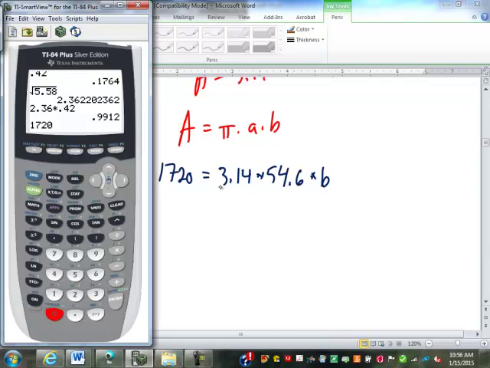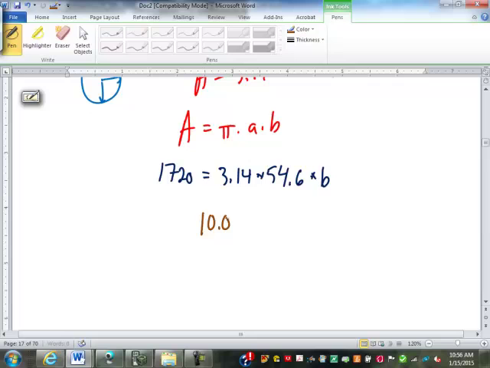You could multiply the pi and the 54.6 together and divide by it all at once. I'm just going to do 1720, divide by 3.14, then divide by 54.6. And I get 10.03, which has to be B. Does that make sense?